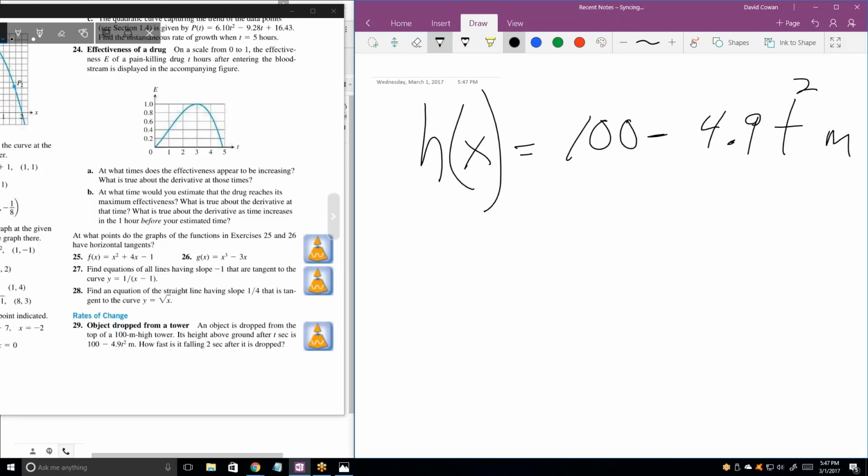Notice right off the bat, at time equals 0, the height is what? If h of x represents the height, how high is it at time equals 0?